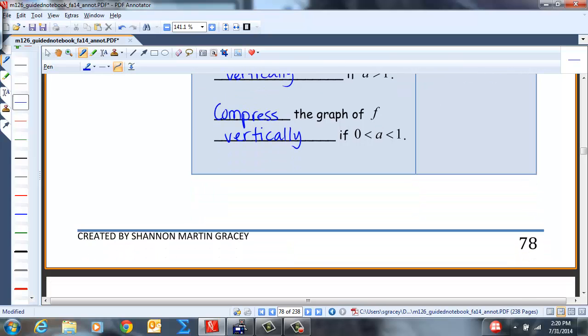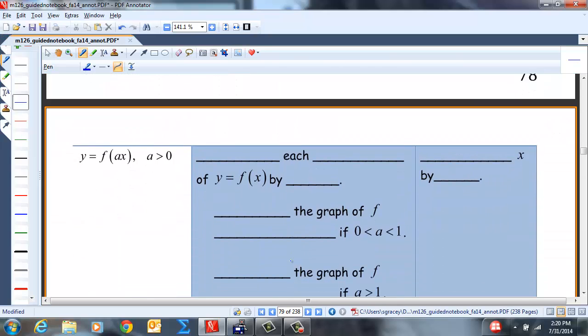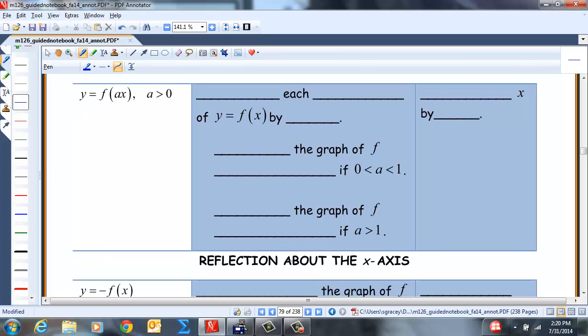Now, if the multiplier is inside the function, not outside, then it's a shift on your horizontal. So you would multiply each x coordinate now by a. So you're basically replacing x by a times x. Oh, my apologies.